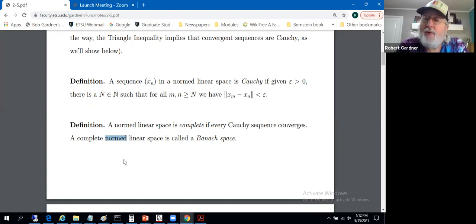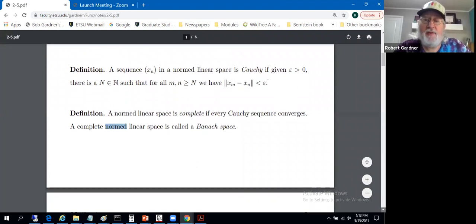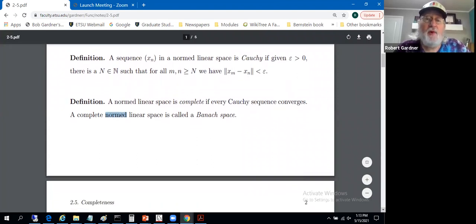And that inner product will induce a norm, which in turn induces a metric. So there's more structure in a Hilbert space than there is in a Banach space. Informally put, in a Hilbert space, you can measure distances and angles between vectors. And remember, the elements of normed linear spaces are vectors. These are vector spaces. Banach spaces are vector spaces as well, complete vector spaces which are normed.